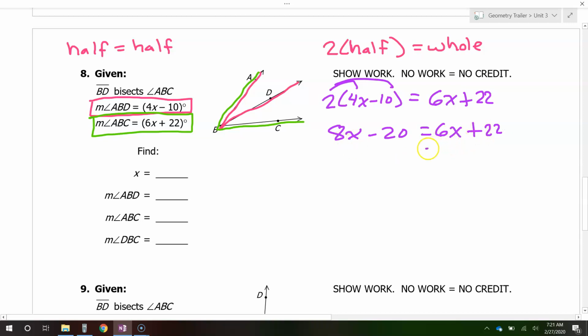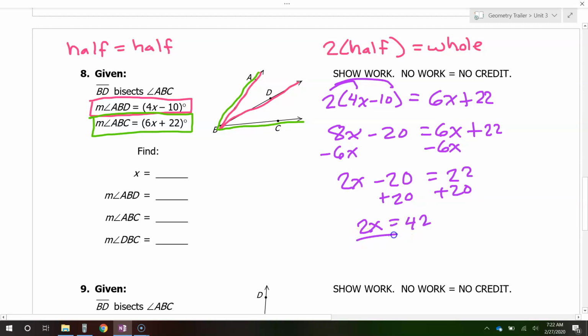When the variable is on both sides, we need to subtract one of them to get them together. So we have 2x minus 20 is equal to 22. We're trying to get x by itself. So we need to add 20 to both sides. So that'll give me 2x is equal to 42. And finally, we divide both sides by 2, and we get x is equal to 21.